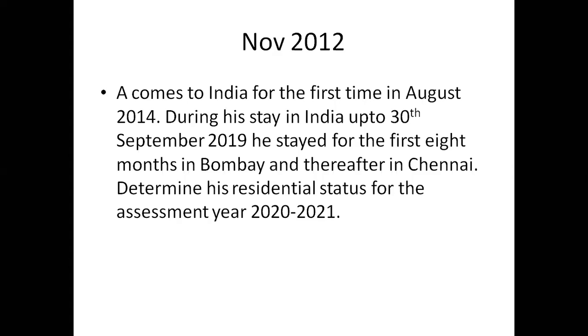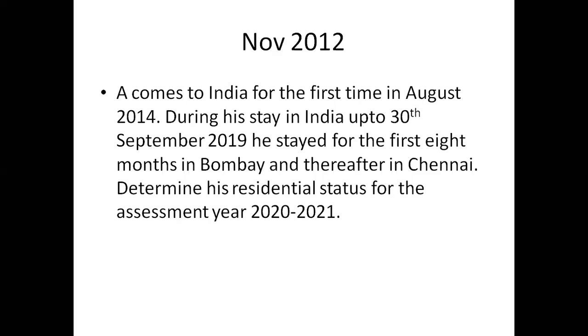The next one: during his stay in India, up to 30th December 2019. He came to India in 2014, so from 2014 to 2019, nearly 5 years, he was in India only. He stayed for the first 8 months in Bombay, which is within India, and thereafter in Chennai, also within India.